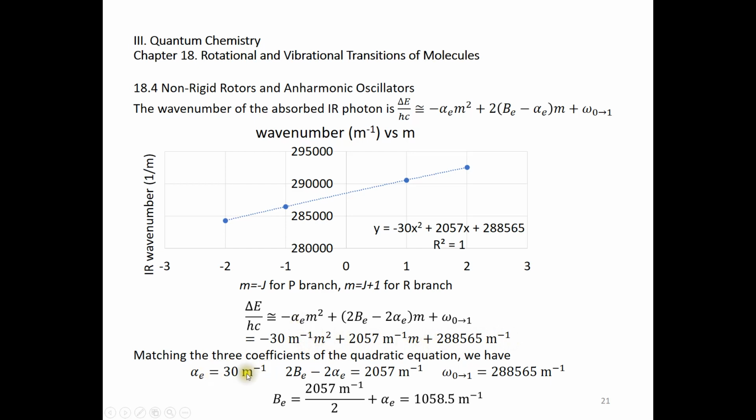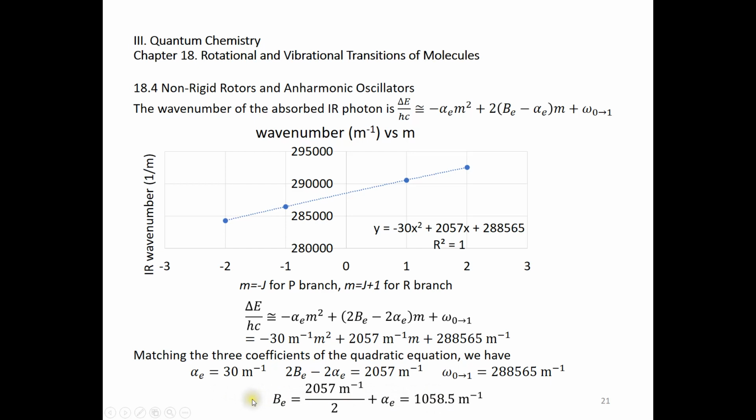Now this alpha_E is determined, 2B minus 2 alpha_E is determined, omega from 0 to 1 is determined. So by looking at these two equations, I think you can easily determine the value of B sub E, which is this. Why do we need this? Well, as long as we have B sub E, remember h times c times B is h bar squared over 2I.